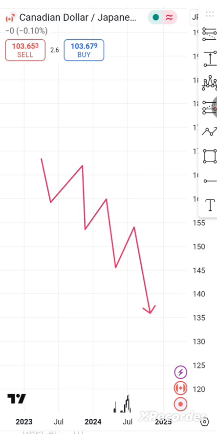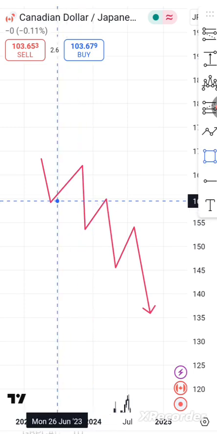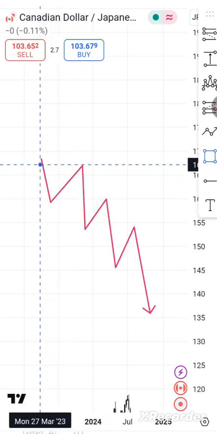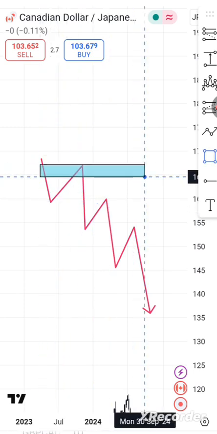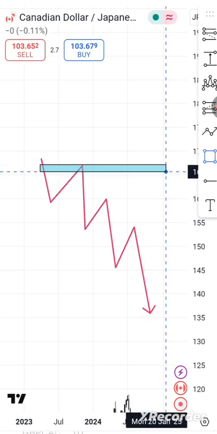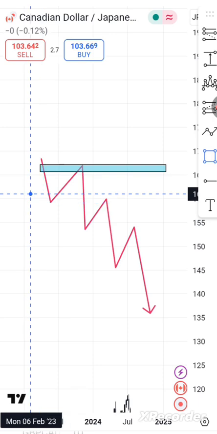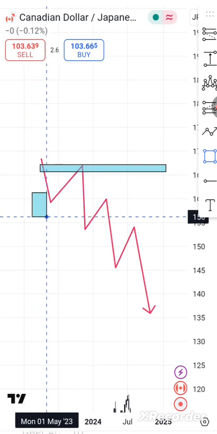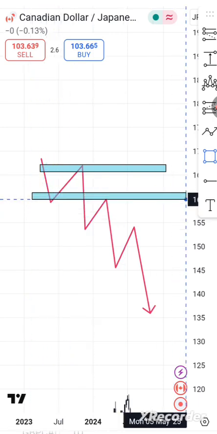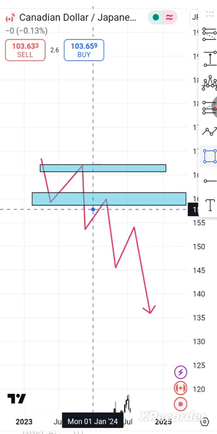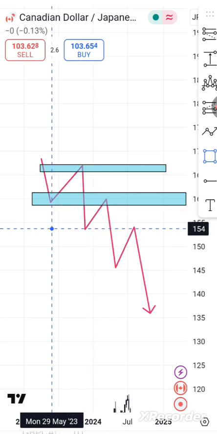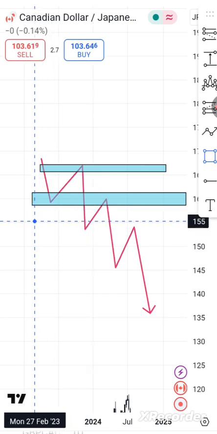So let me show you this. This is our first resistance level here. This is our support. When the market breaks that support, it turns into resistance automatically.